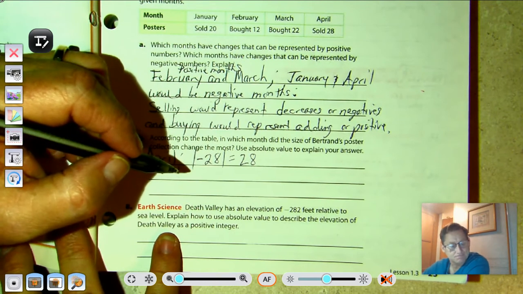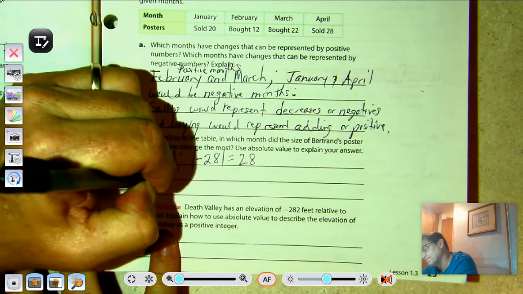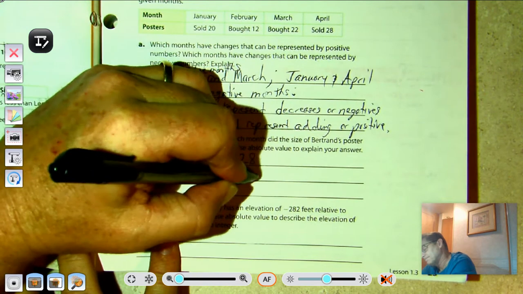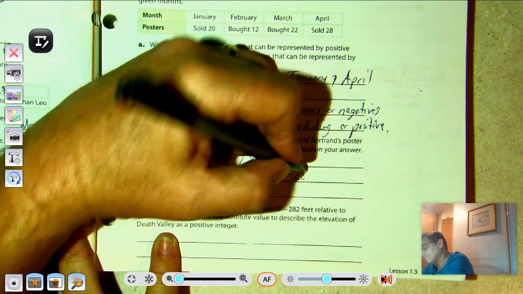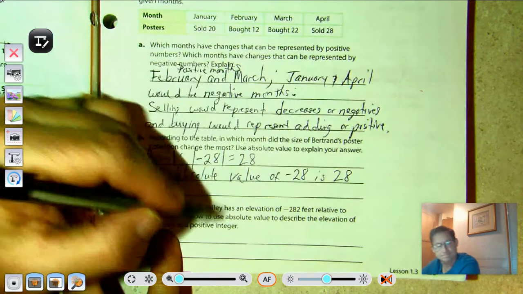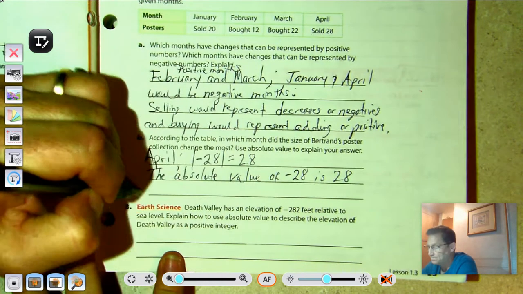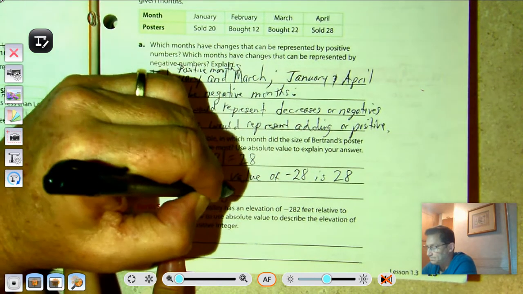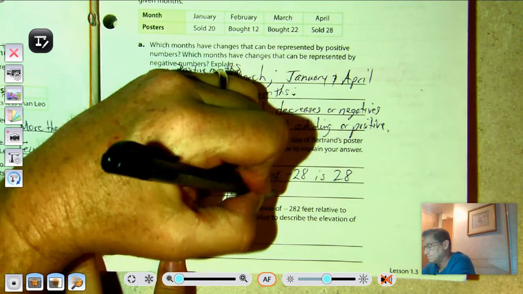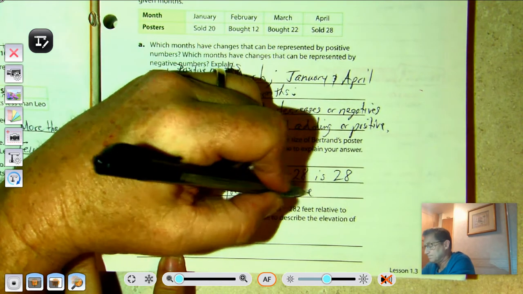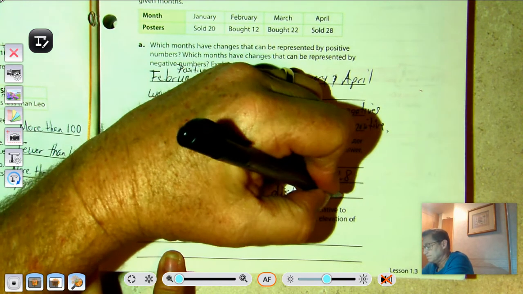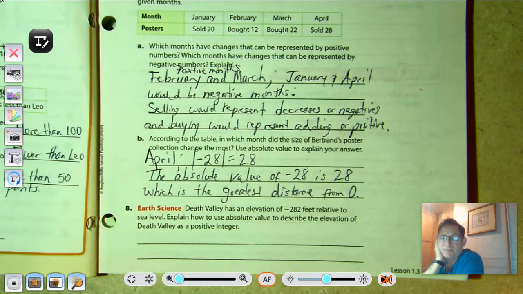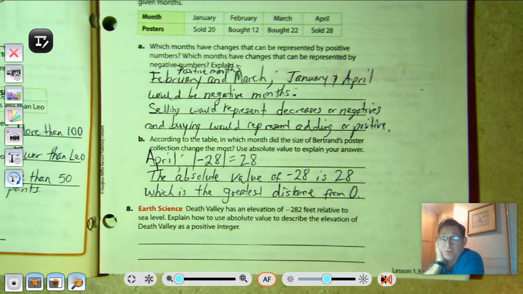Okay, the reason it has the largest absolute value is it's the furthest from zero.